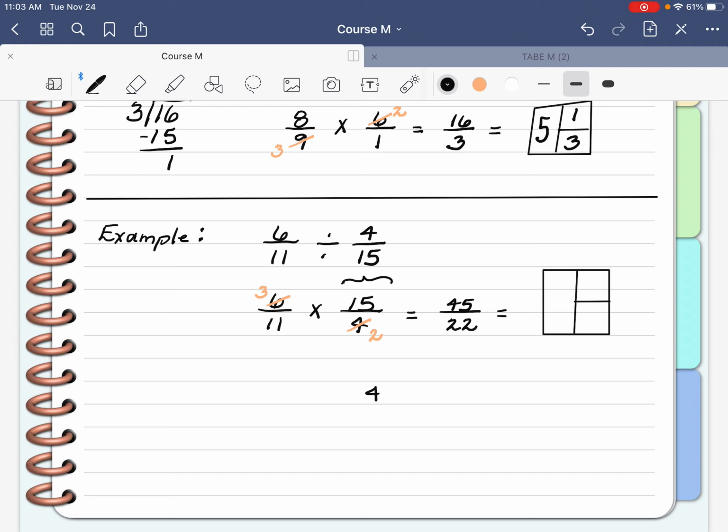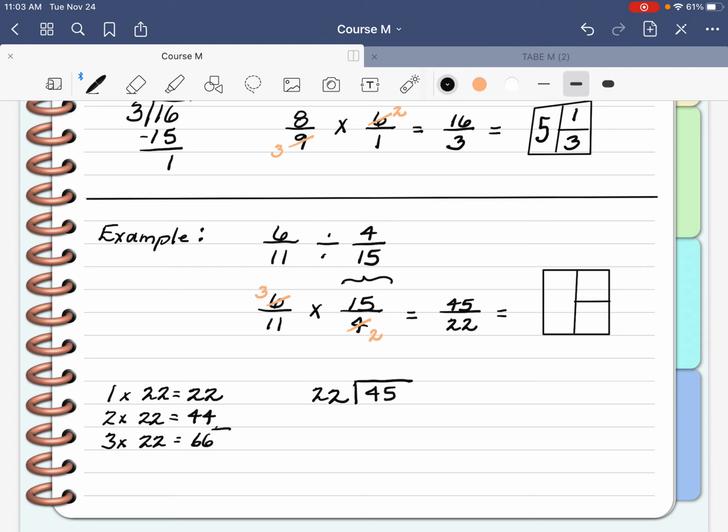So 45 divided by 22. Let's list our iterations of 22. 1 times 22 is 22. 2 times 22 is 44. 3 times 22 is clearly too big.